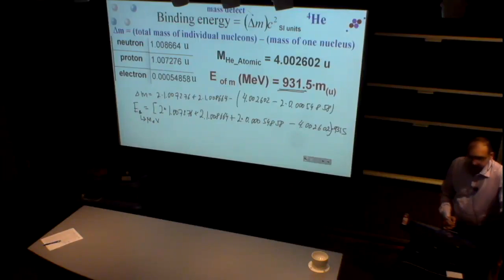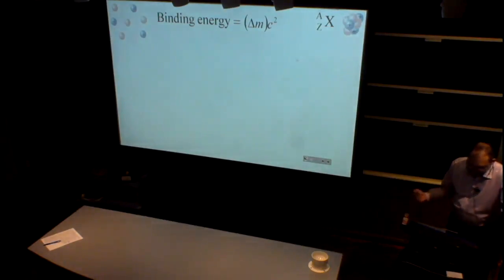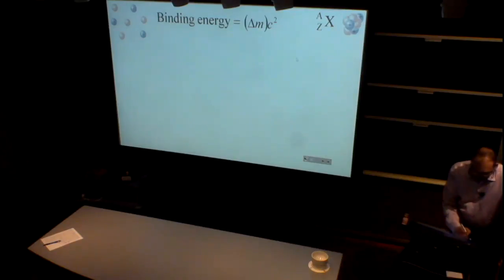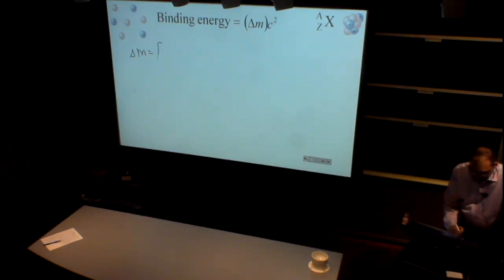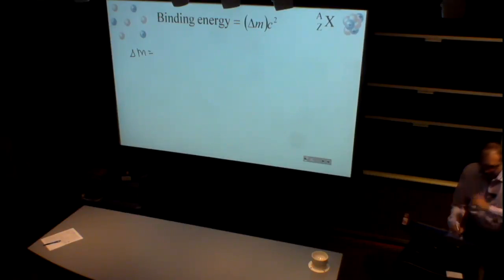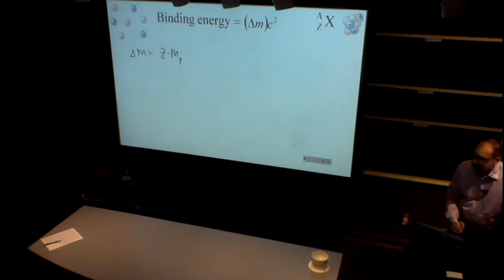Of course, we can make a generalization. That's a specific example, but in general, what would we have to do? Well, the mass defect should be equal to what? How many protons should be used in general? Z protons. And each proton has a specific mass, the mass of the proton. How many neutrons does it have?